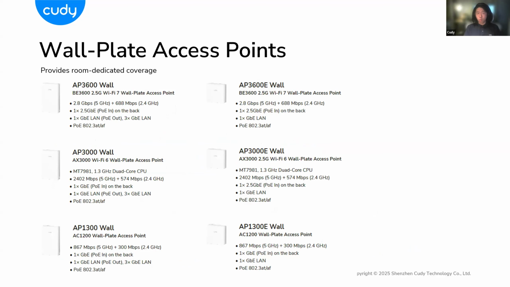Next, we can look at the wall plate access points. It is built for room-dedicated coverage, like an ensuite, dormitory, or a hotel room. It's small, so it is less intrusive to environments. That's why we have wall plate access points.